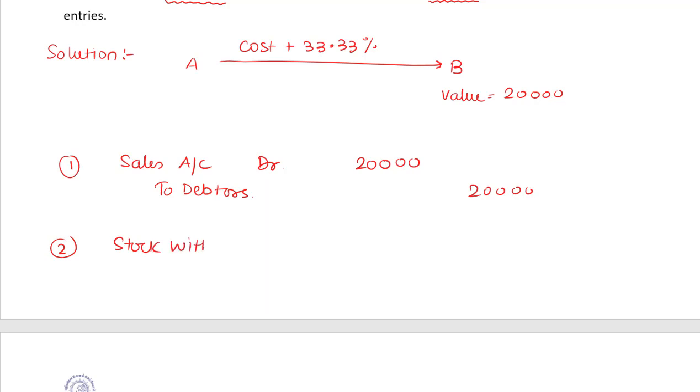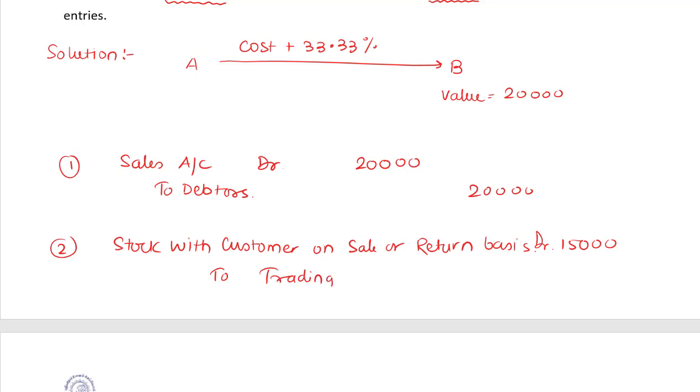Stock with customer on sale or return basis, debit 15,000, to trading account 15,000.